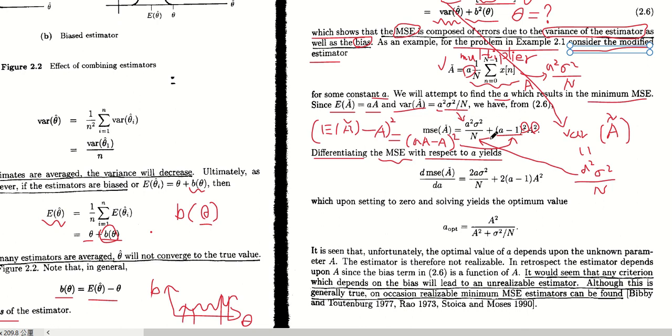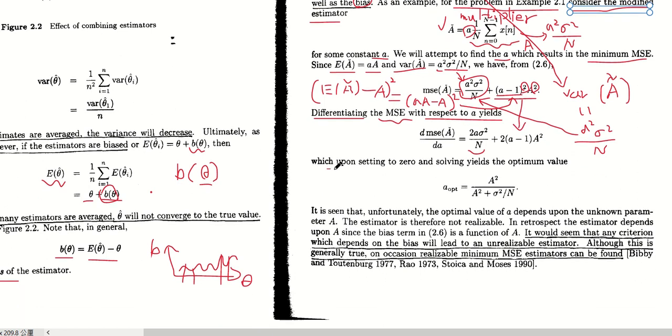So you take the derivative of this. It's going to give you 2a sigma squared divided by n. And then take the derivative of the other term. It's going to give you 2 times a minus 1 times A squared. So that one goes to here.